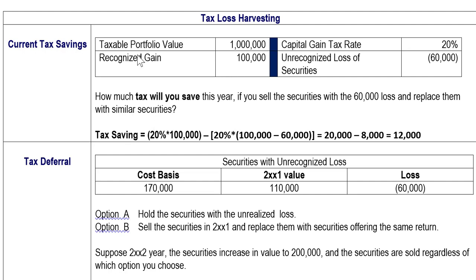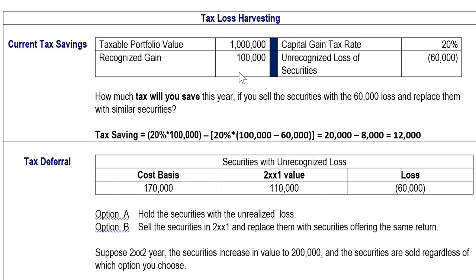Suppose you have a taxable portfolio with $1 million, and this year's recognized gain from the investment is $100,000, and the capital gain tax rate currently is 20%.